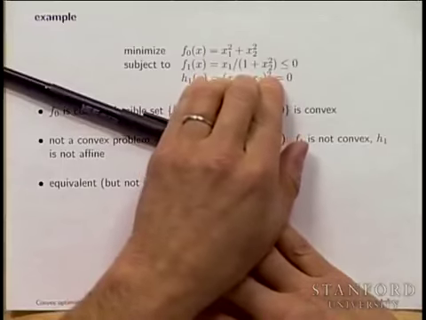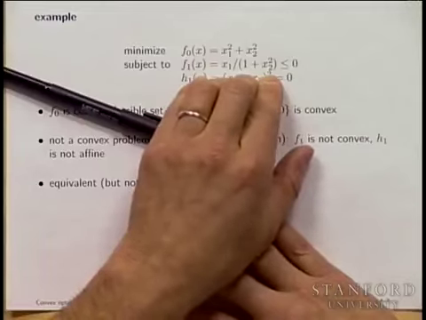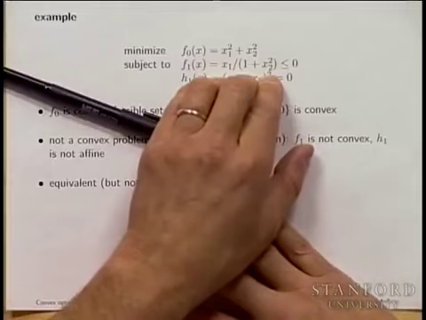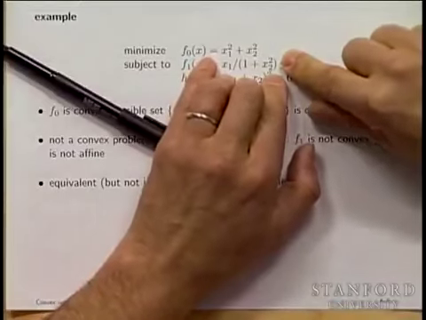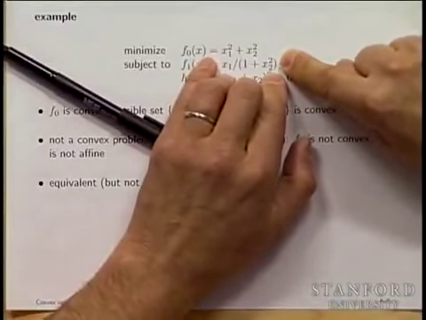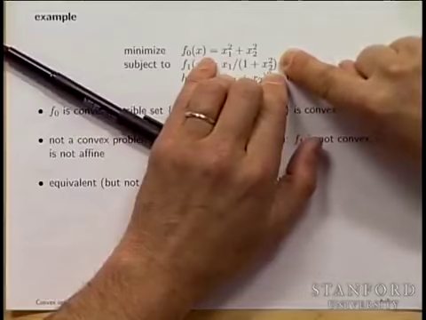This constraint defines a convex set. It's nothing but x1 less than or equal to 0, obviously, right? 1 plus x2 squared is positive, so I can get rid of it. However, as I've described this problem, that's f1, and that is not a convex function, and so this problem is rejected, it is not convex.